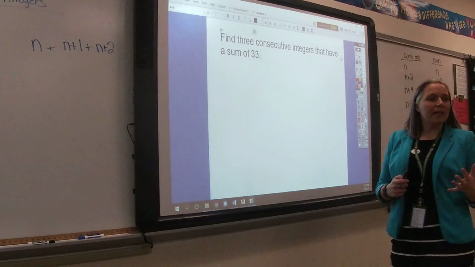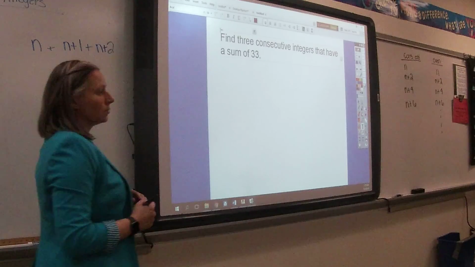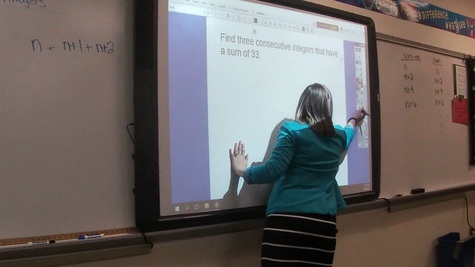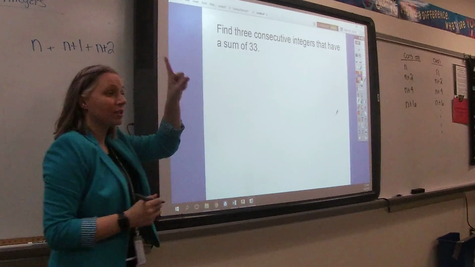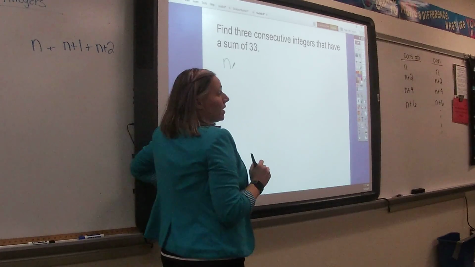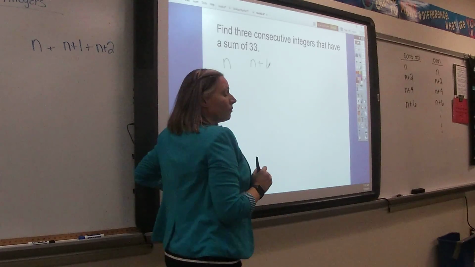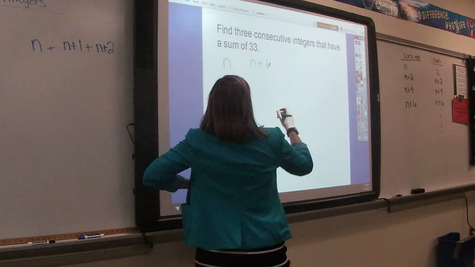Okay, so 3 consecutive integers. What do 3 consecutive integers look like? Consecutive integers is our list over here because they're 1 apart. So n. What's my second one? N plus 1. What's my third one?